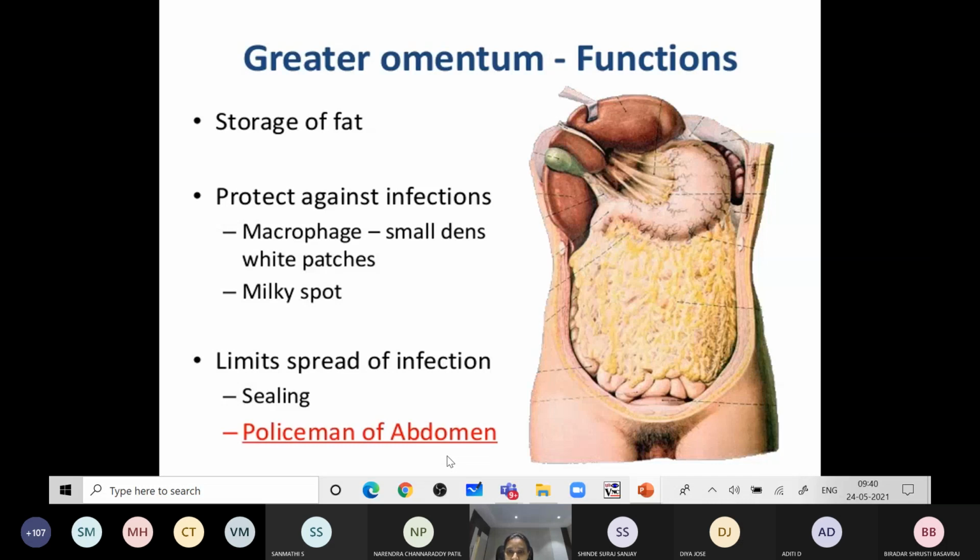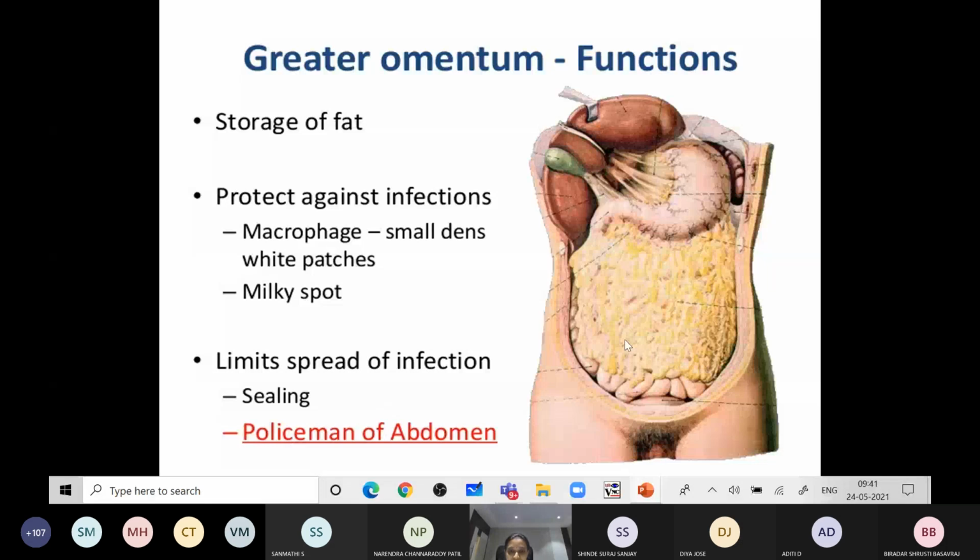Because whenever any infection is there in the abdomen, such as appendicitis, the greater omentum moves to the right iliac fossa and tries to cover up that infection, tries to cover up that space, and prevents the spread of infection to the other parts of the peritoneum. So wherever infection is there, it moves. Why is it called policeman?